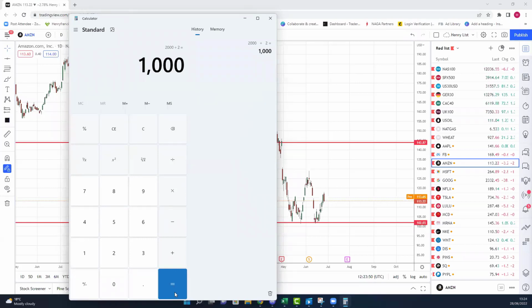So just say I bought a stock yesterday and John bought a stock today. Yesterday, my one stock cost me $2,000 and today John's stock cost him $1,000. What has happened is I've now been issued another stock.